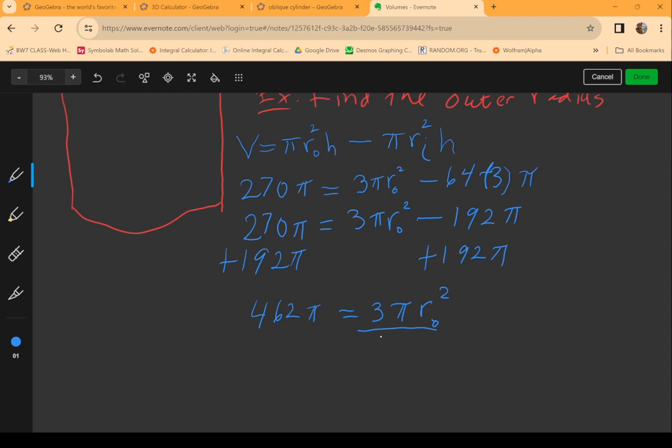The next step, I would divide both sides by 3 pi. So the pi reduces to 1, and on the right side I'll get r outer squared. And then 462 divided by 3 turns out to be 154.